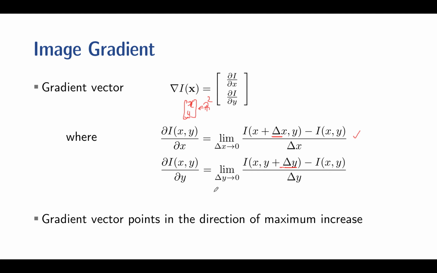There are 360 degrees around you, so that direction could be anywhere. One way to measure that is to take a step in this direction and see how much you increased, then take a step in another direction and see how much you increased. Try all possible directions, and then figure out which one afforded you the maximum increase.